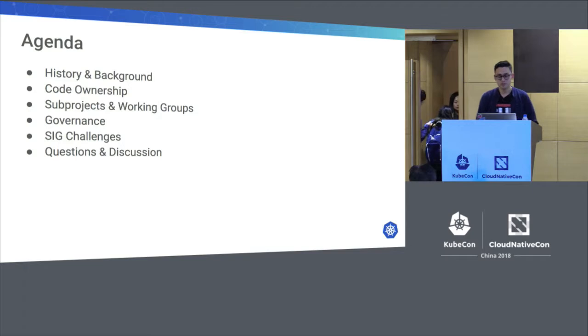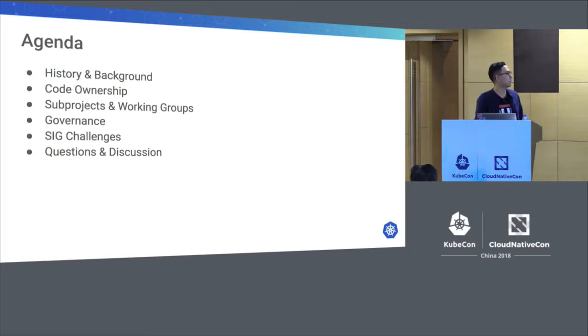So the agenda, which I'm hoping to get through in 20-ish minutes so that we have more time at the end for questions and discussions, is: I'm going to go over the history and background of how the SIG was originally formed. Then I want to talk about code ownership, in terms of what code the SIG actually owns and maintains.